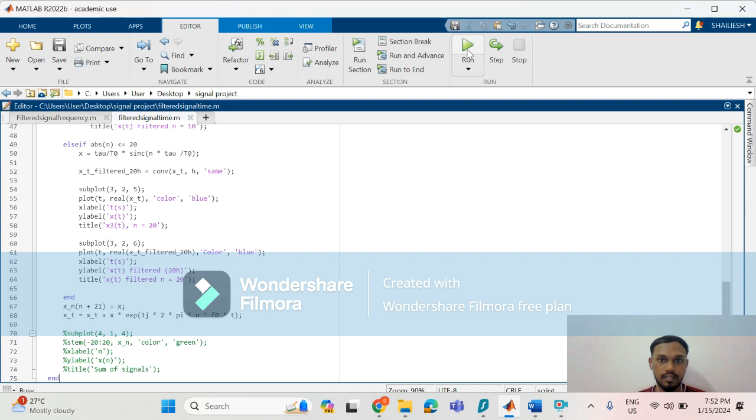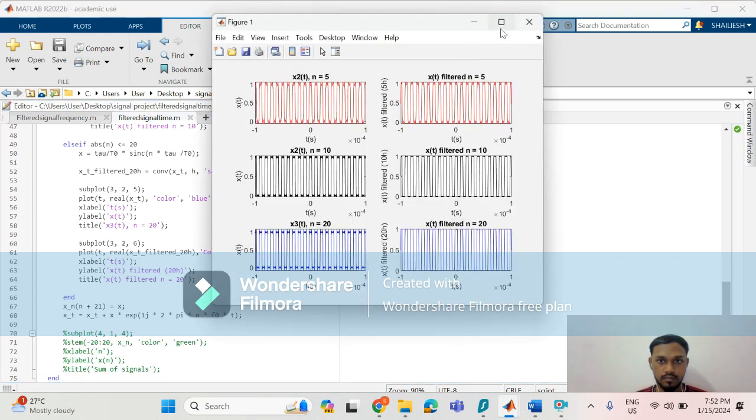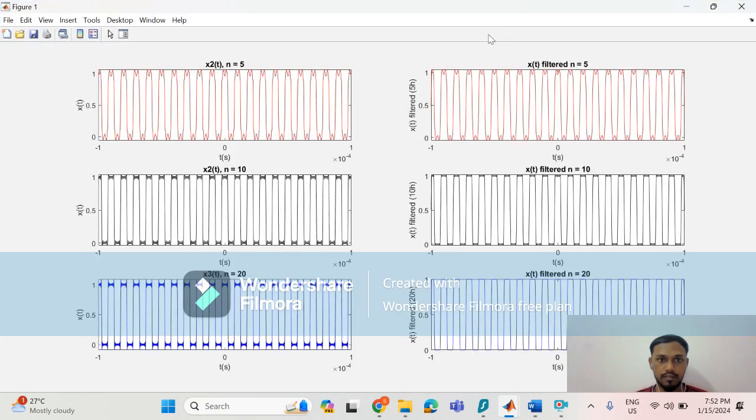Now we simulate the coding. So here we can see the difference between before the low pass filter and this one, which is after the low pass filter.